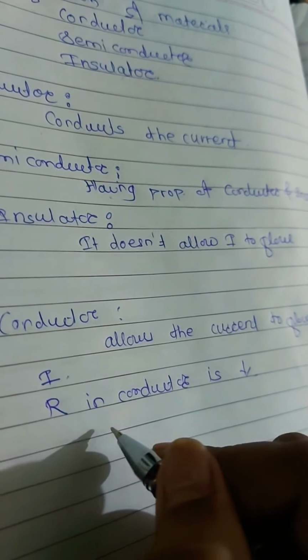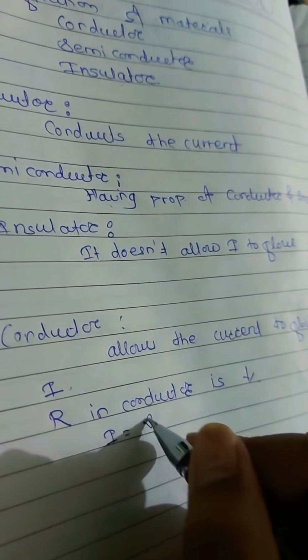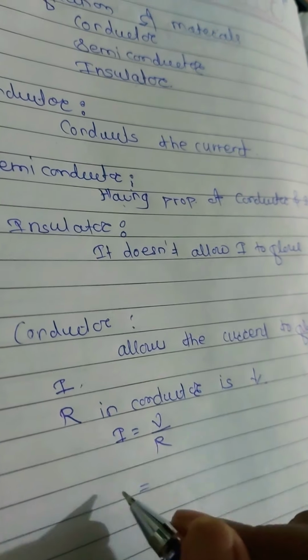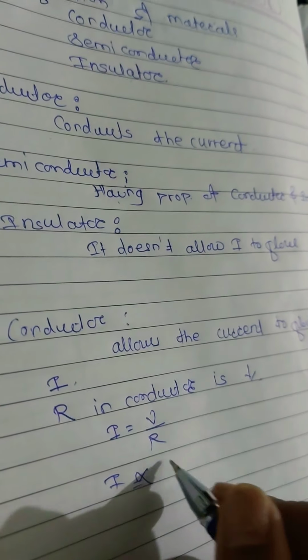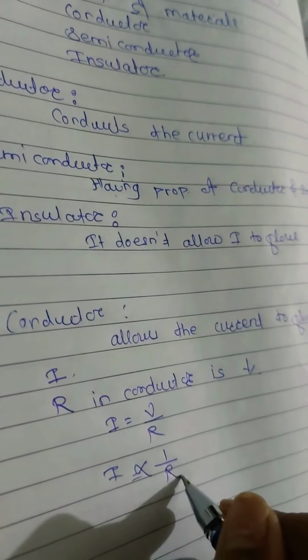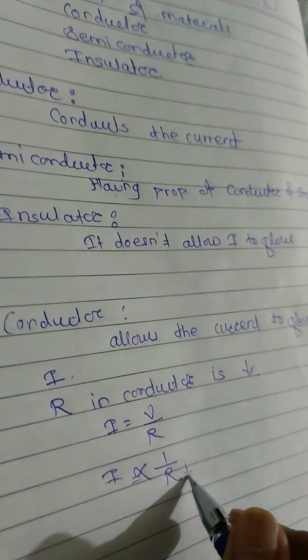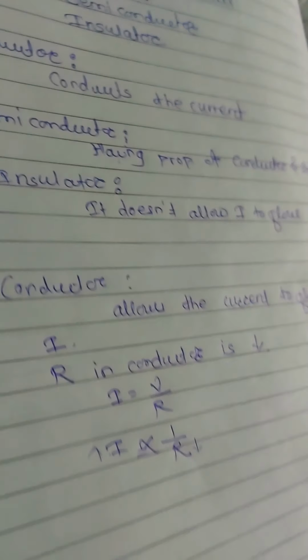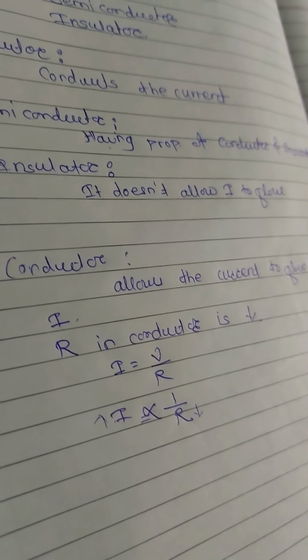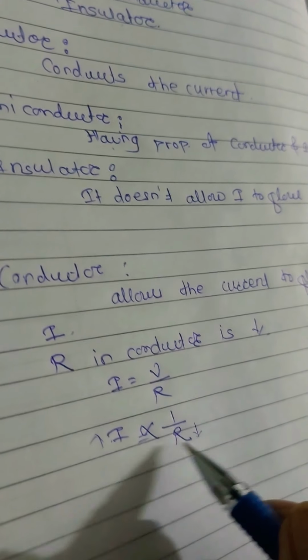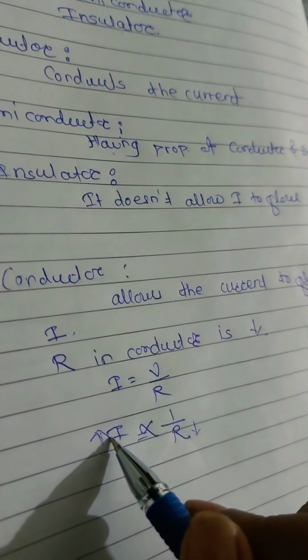You have Ohm's law, I is equal to V by R, which means I is inversely proportional to R. If R decreases, I increases. Inversely proportional means opposite. If R is decreased, then the current is increased.